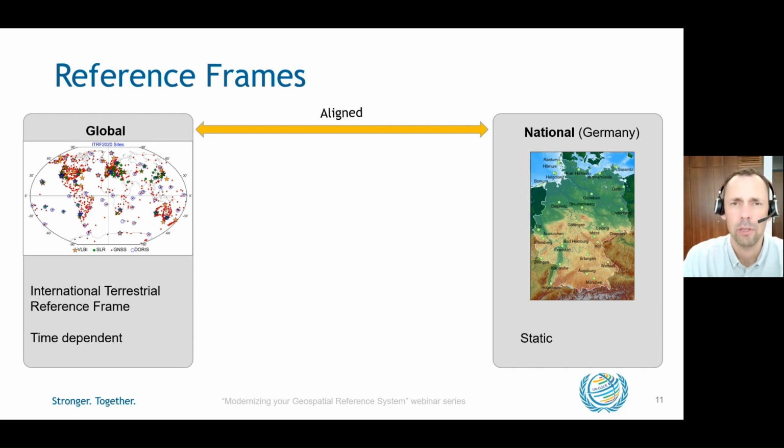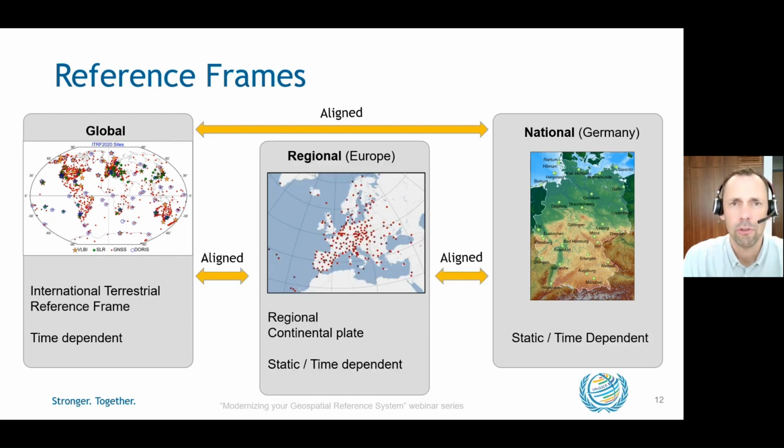As an example, in Germany, the national datum is a static datum and is aligned to the International Terrestrial Reference Frame. This alignment is realized by using German reference stations which are included in ITRF for the definition of the German static datum. In some regions, like Europe, Asia Pacific, and the Americas, there also exist regional reference frames, which are a kind of denser version of ITRF in those particular regions with extra GNSS stations included.